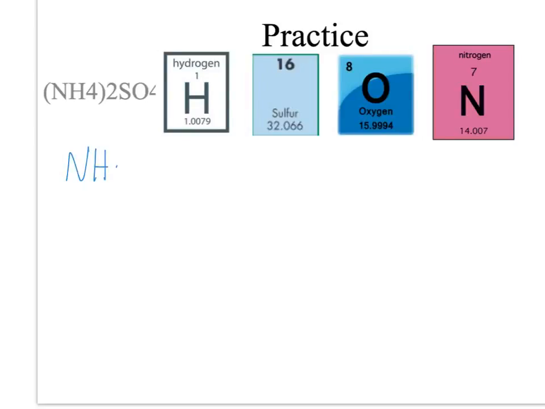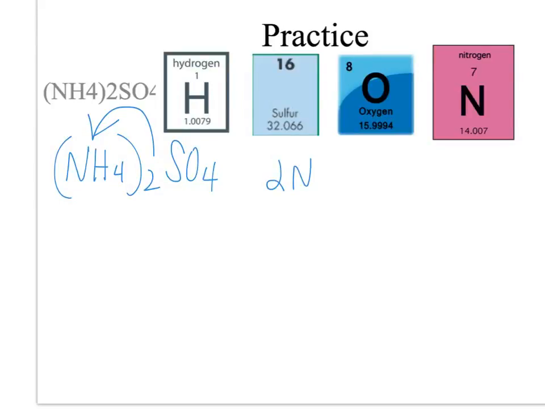And whenever you see a formula like this that has parentheses, and then something inside the parentheses, and then a subscript, what that means is this 2 goes for everything inside of the parentheses. So what we really have here is 2 nitrogen, and we have 4 times 2, 8 hydrogen. Still only 1 sulfur, and then of course the 4 oxygen.